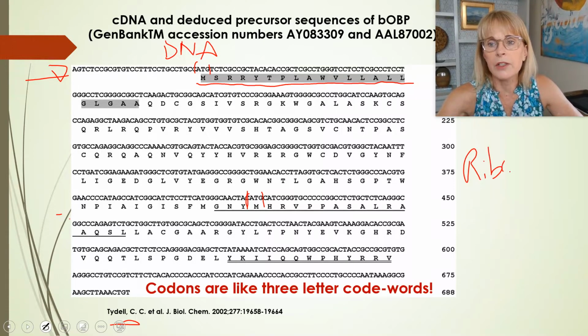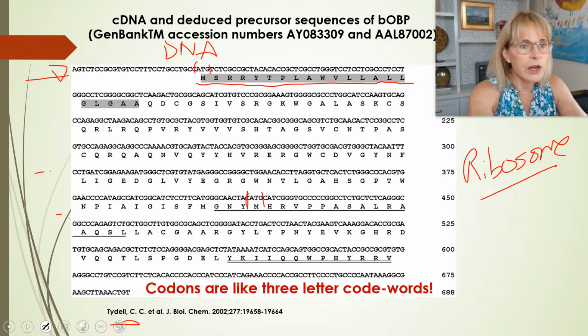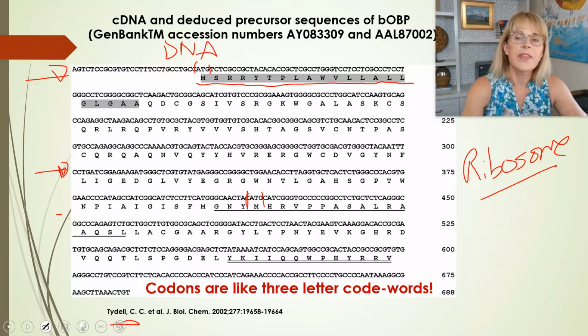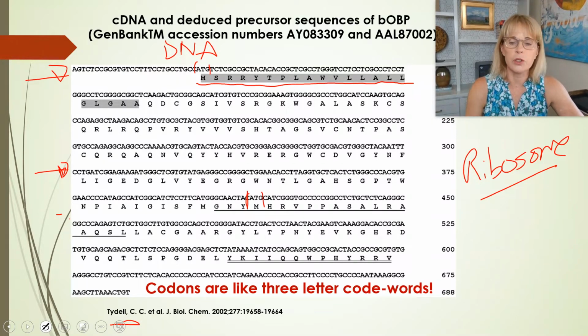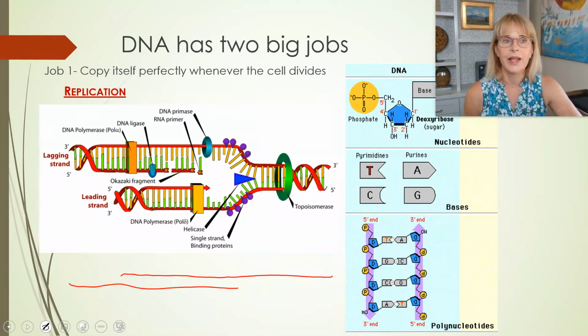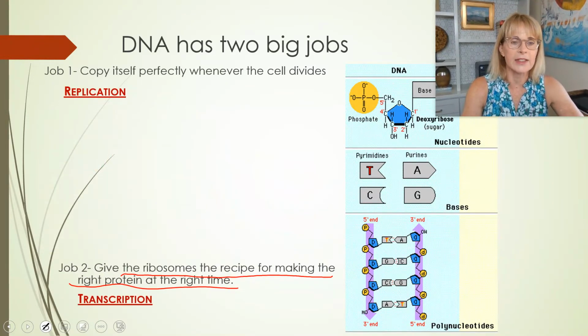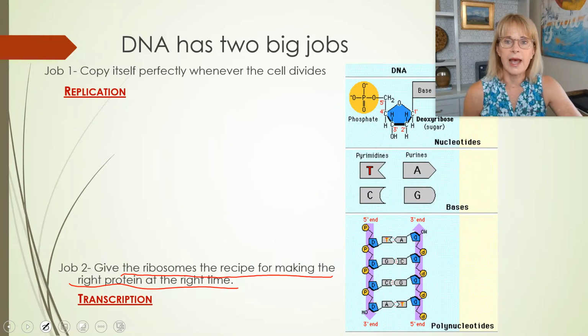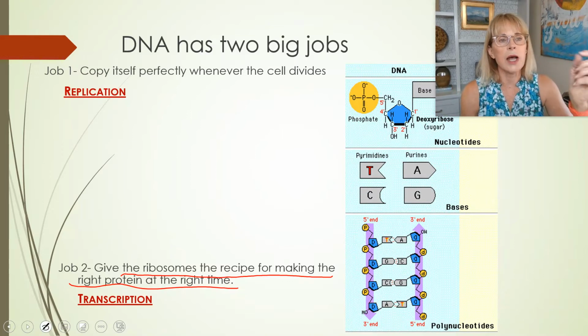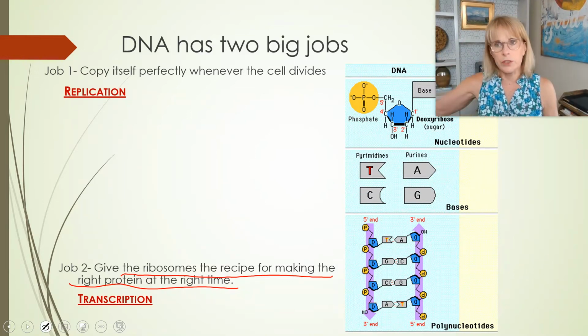The ribosome's job is to build a protein. And all of this stuff right there, that's the information that the ribosome's going to need. And that leads us to the second job that DNA has. The second job that DNA has is to give instructions to the ribosomes. The nucleus will decide, I want this protein made, or I want that protein made.